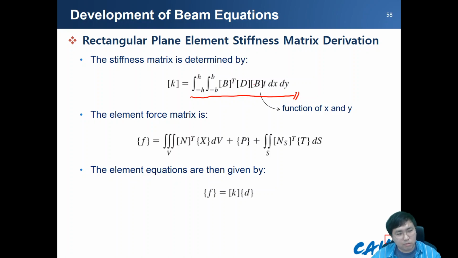In the previous triangle element, the terms inside could easily be taken out of the integration, because all values are constant. But here the gradient matrix is a function of x and y, so we should perform the integration.